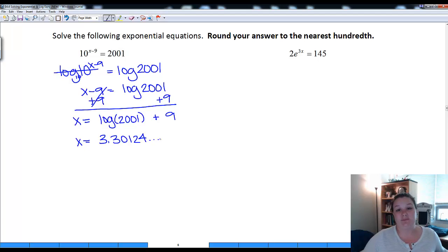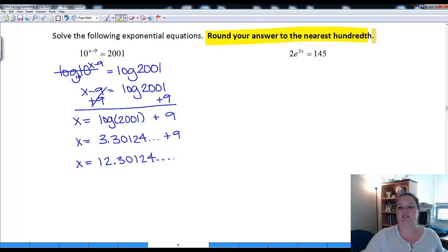Now, if you can keep at least 5 decimal places, your answer is probably going to be correct, but I highly suggest leaving all your decimal places if possible. Okay, plus 9. So when we add 9 to that number, we get 12.30124 and some more stuff. And then notice up here at the top, it said round your answer to the nearest hundredth.